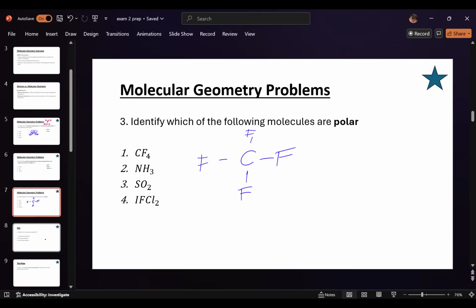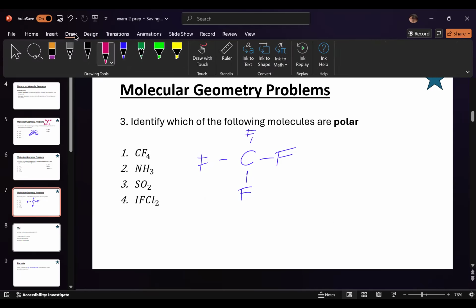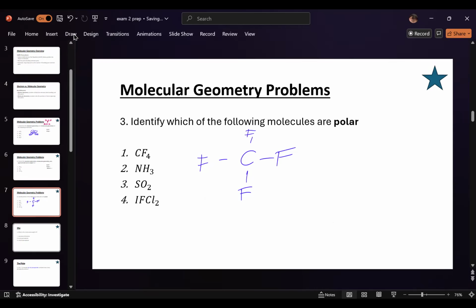You know that electronegativity increases as you go from the left to the right, but also it increases as you go from the bottom to the top. So it will increase diagonally from left to right, like that. Using that example, you can predict if it's polar or non-polar.